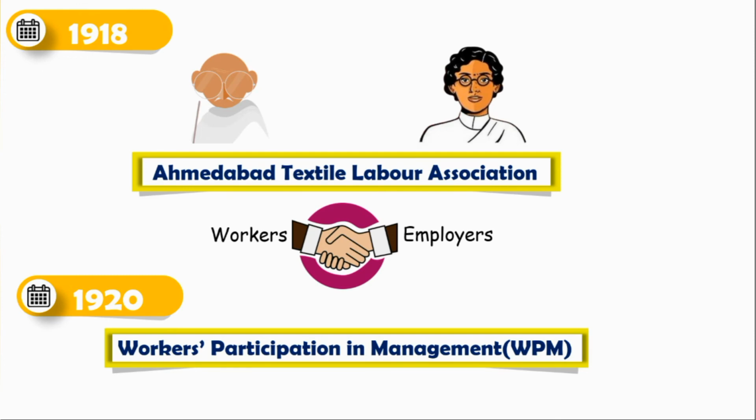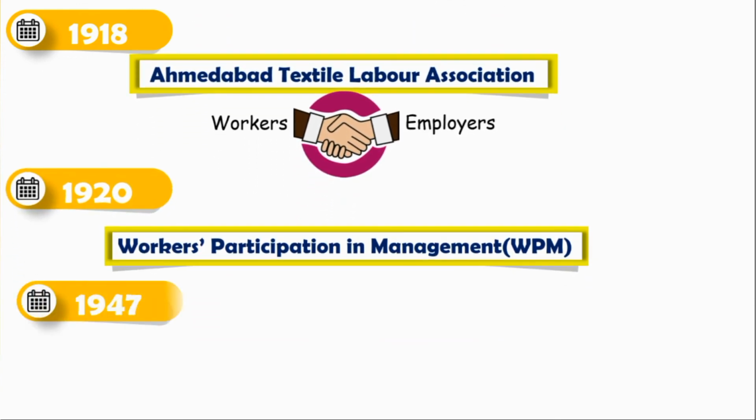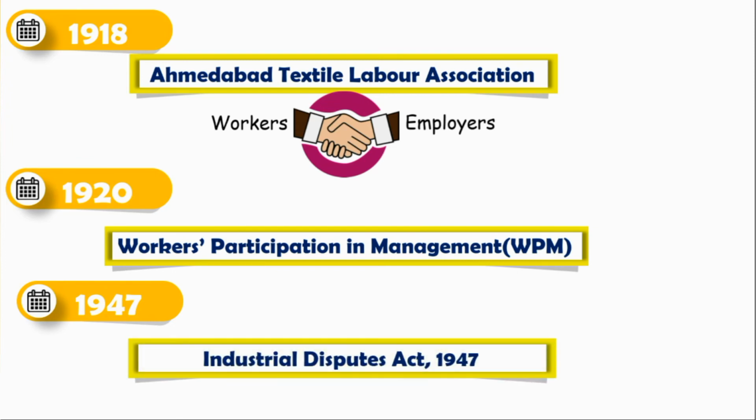When India got independence in the year 1947, the government also took steps towards workers' participation in management concept by passing the Industrial Dispute Act 1947.